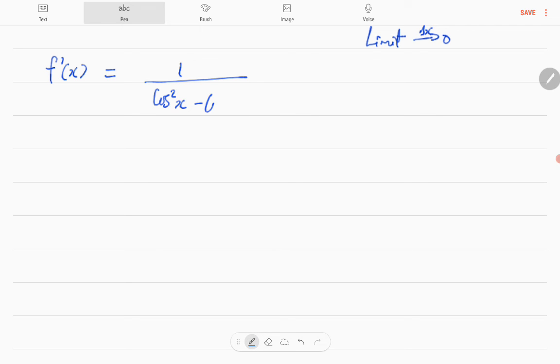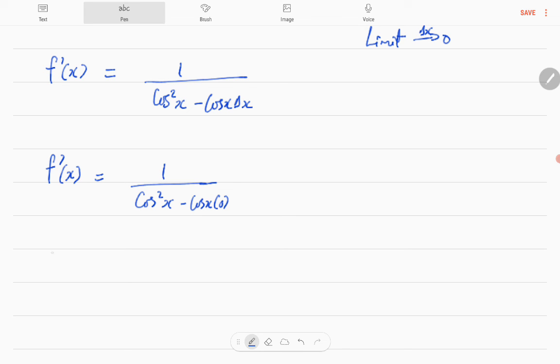So we'll have f prime of x equal to 1 divided by cos square x minus cos x multiplied by 0.